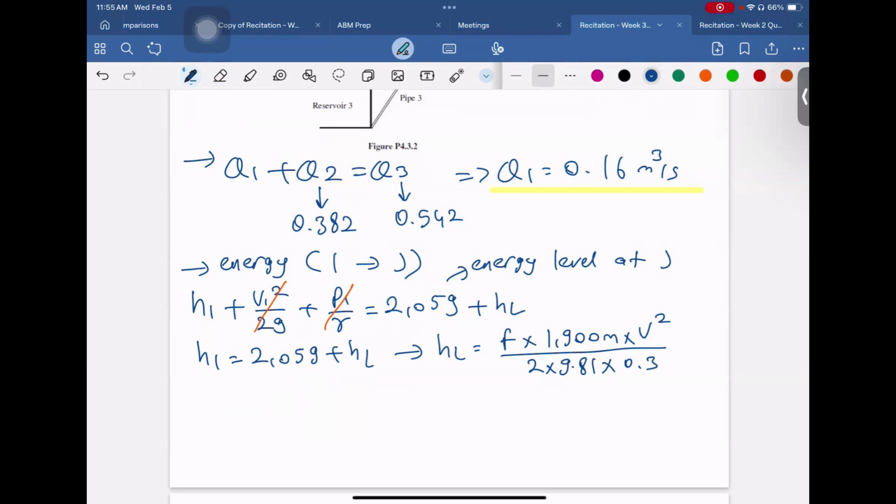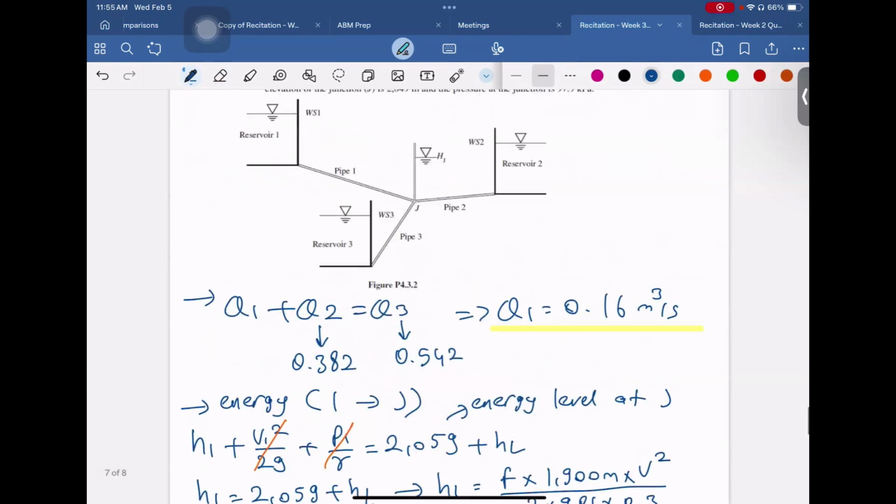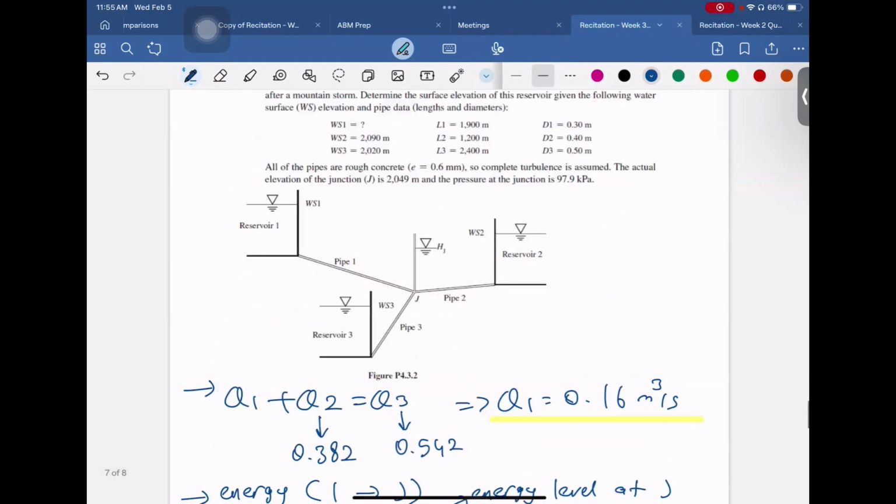Here I can directly write velocity as V, because the velocity at the surface is 0, but we are going to find the velocity in this pipe.